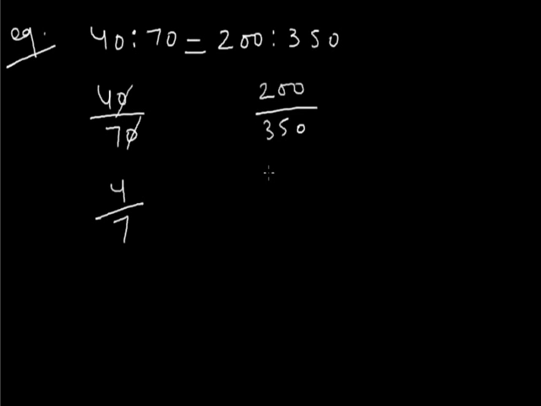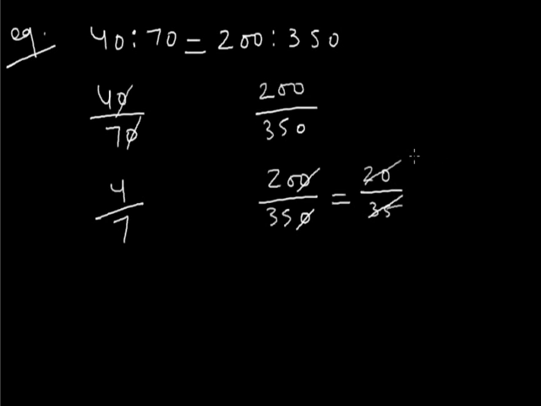Similarly, in the case of 200/350, there is a common factor of 10. Cancelling that factor, it reduces to 20/35. There is also one more common factor of 5 between the numerator and denominator of 20/35.